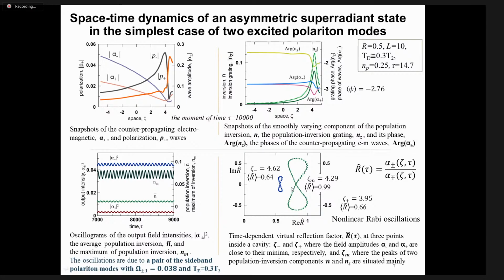But this small asymmetry in reflections results in a very strong asymmetry of the radiation from opposite sides of the cavity, because we have a quite long cavity, and the amplification of the electromagnetic field inside the cavity is very high.